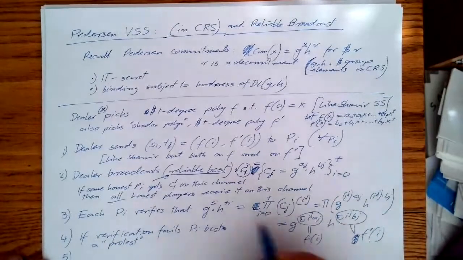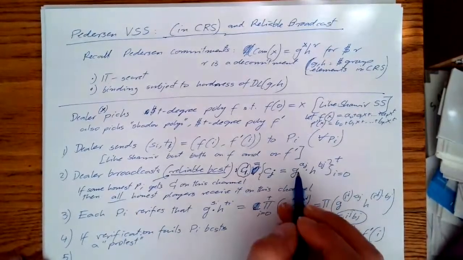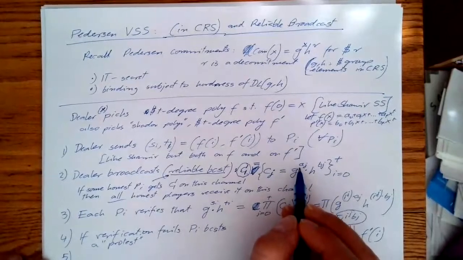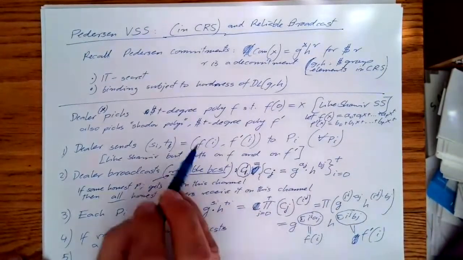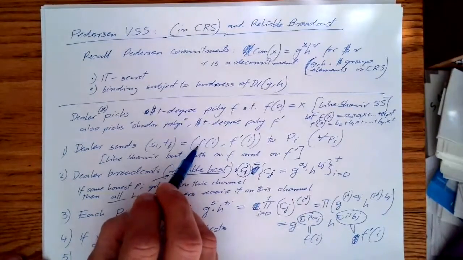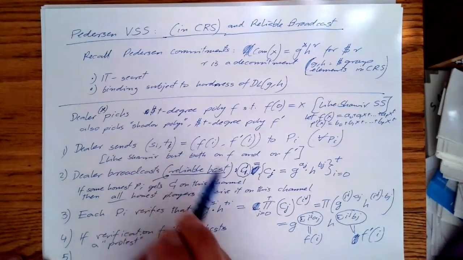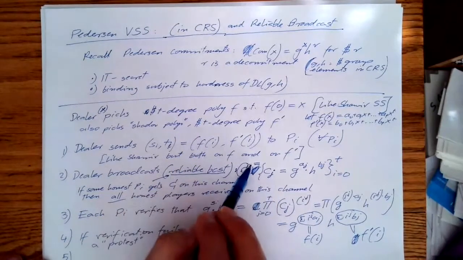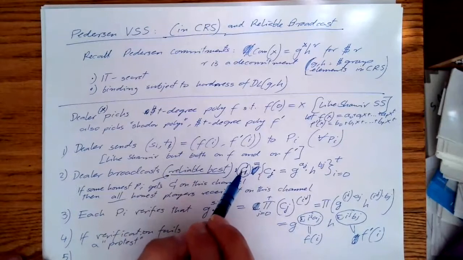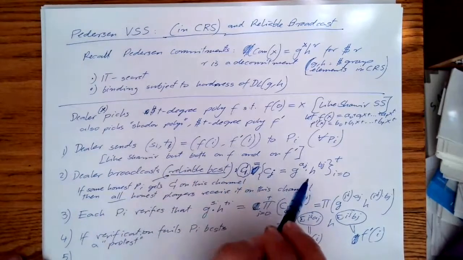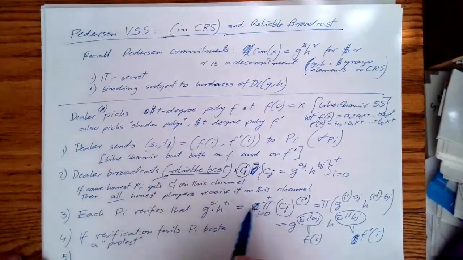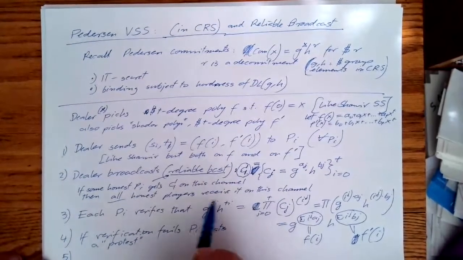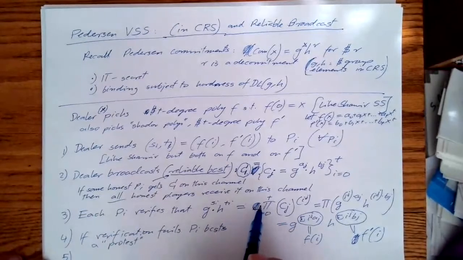And by this additive homomorphism, a commitment to coefficients implies a commitment to evaluations of this polynomial, which are shares. So now, why doesn't he simply send a Pedersen commitment to the shares themselves, and now everybody locally simply computes that his share corresponds to the commitment to the shares?